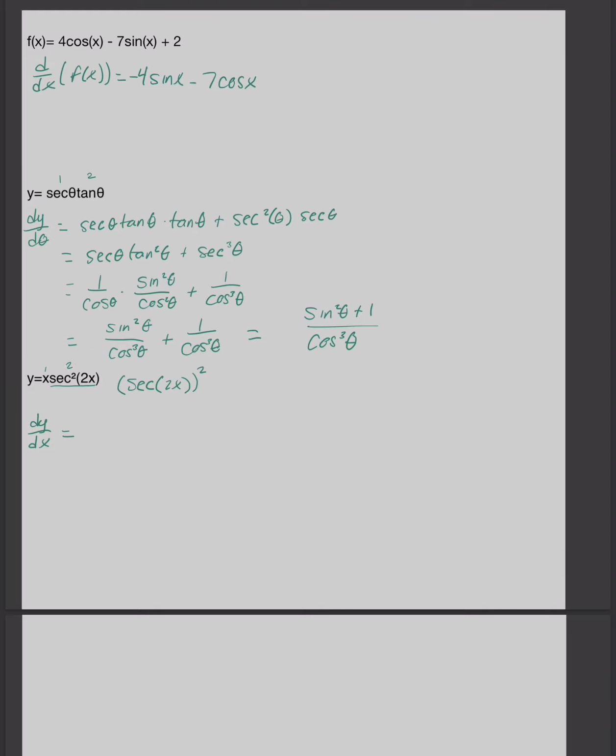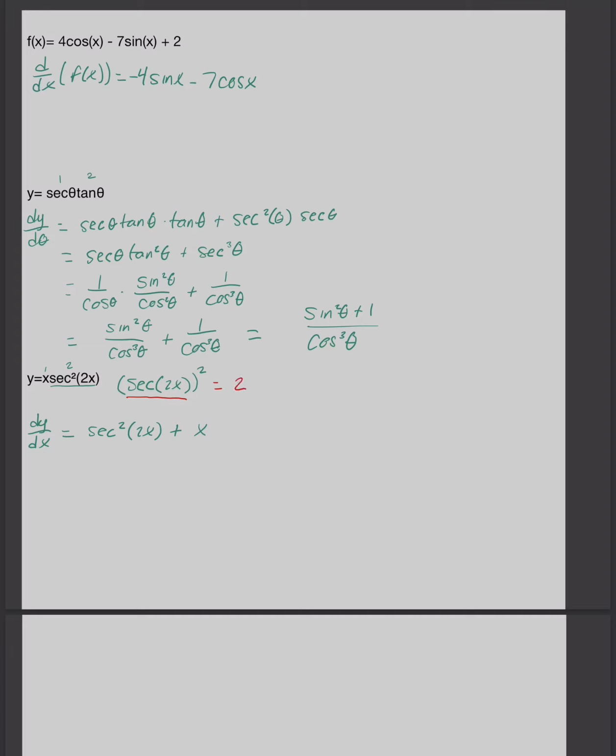Take the derivative of our first term. So the derivative of x is 1, and we'll have our second term, secant squared of 2x, plus, now we have our first term times the derivative of our second term. So now we have to take the derivative of this right here. So I'll do it right here. For the derivative of this, we have to do chain rule.